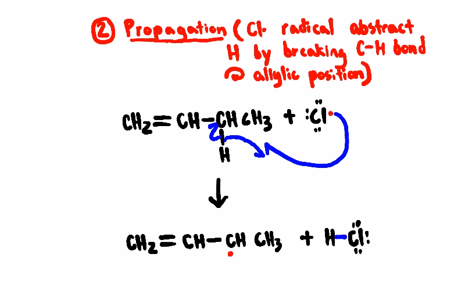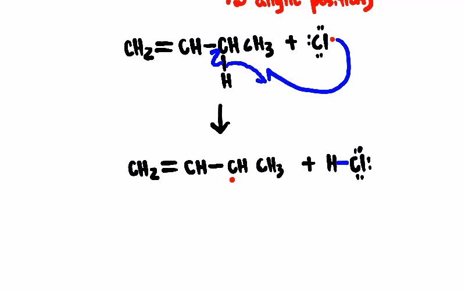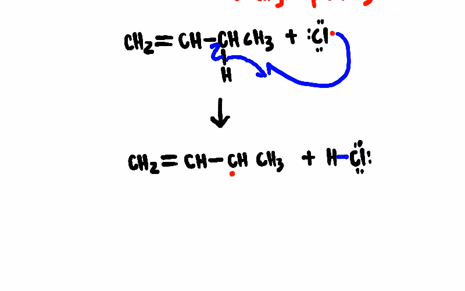Now at this point, when we look at the intermediate that we formed as a result of this propagation step to form our carbon radical, we formed an allylic radical. And the reason that allylic radicals are important and favorable is because they're going to undergo resonance to stabilize them.